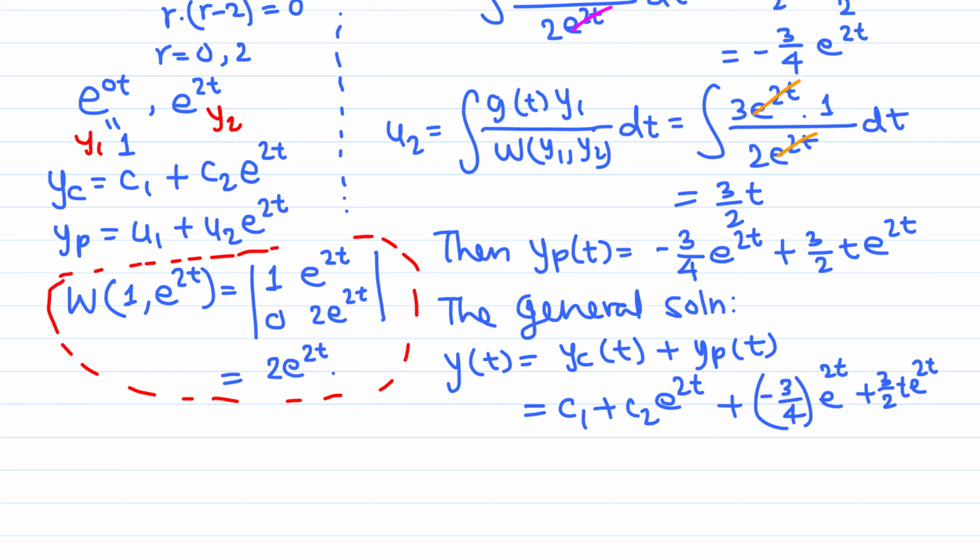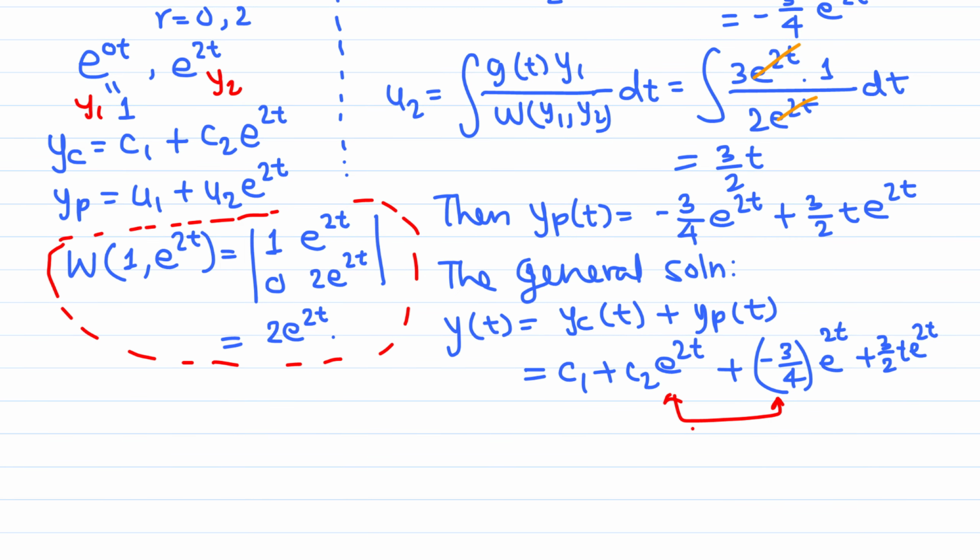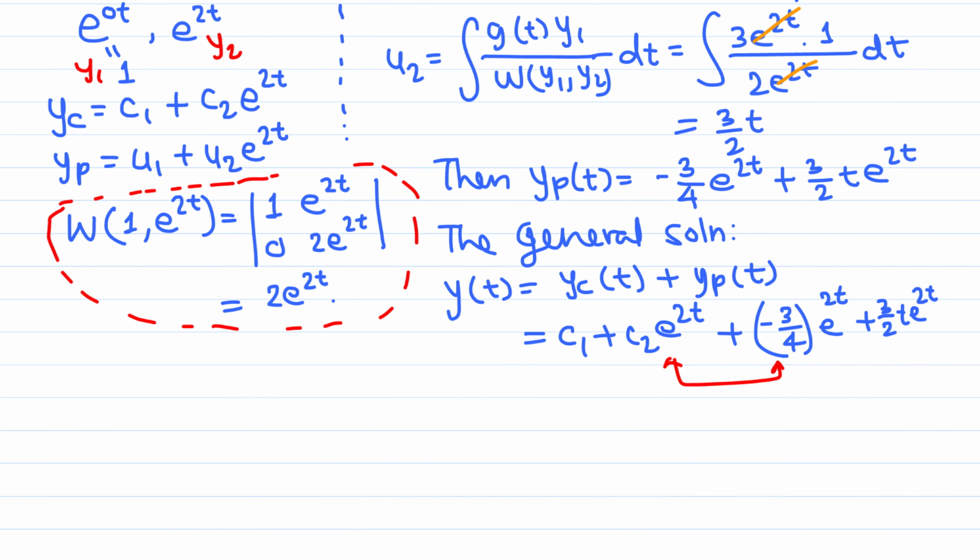This would be the final answer, but we need to simplify, and these two are like terms if you look closely. So e2t can be factored out, so that is c2 minus 3/4 of e2t. These are like terms, and an arbitrary constant minus 3/4 is another constant. I can say c3 e2t, but I can call this c3 back as c2.